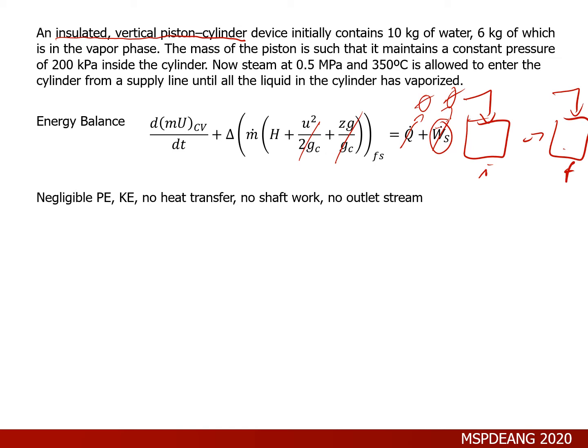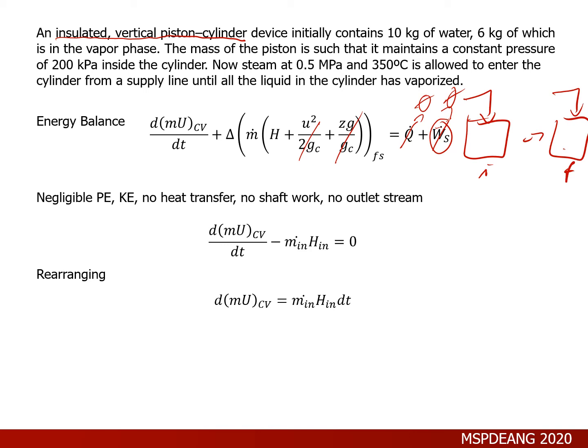Therefore, our reduced energy balance equation will now be d(mu)CV over dt minus m dot in times h in, the specific enthalpy of the steam going inside the cylinder, is equal to 0. And if you rearrange this, d(mu)CV is equal to m dot in h in dt.